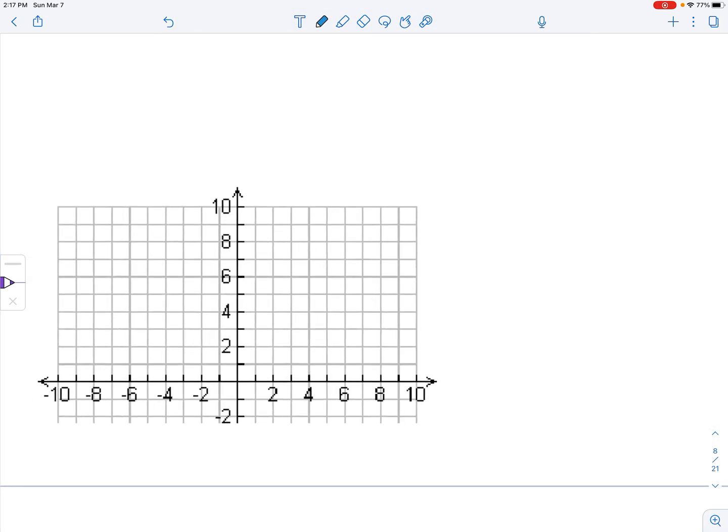Okay, and then same function, but no domain stated. So that means just graphed over its implicit domain of all real numbers. Okay, so I can fit (3, 9) and (-3, 9) on here.